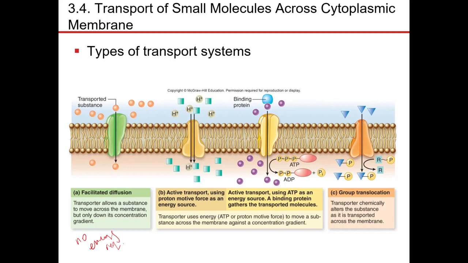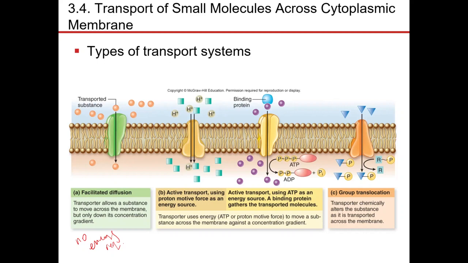It's happening due to its own concentration gradient. So the orange circles are moving into the cell down their concentration gradient. The green channel is simply there to facilitate the process, to make it happen quicker or better. Apart from that, this is a non-energy requiring process.